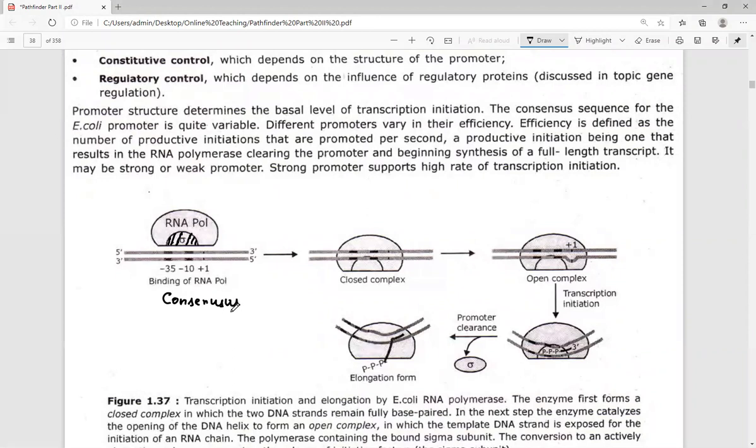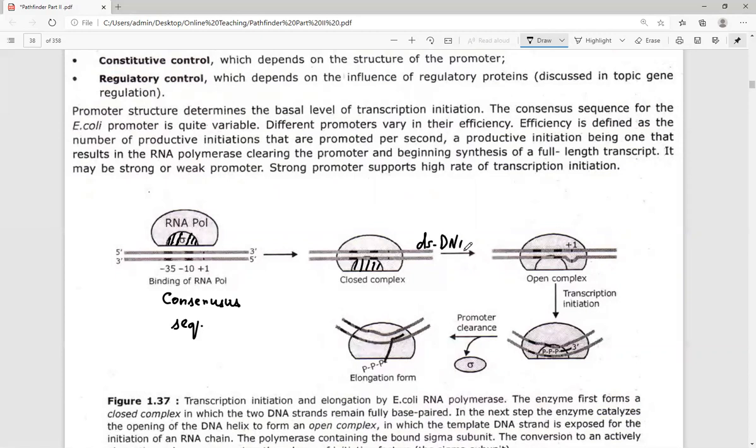Once the sigma factor recognizes those consensus sequences, it causes the melting of the dsDNA.